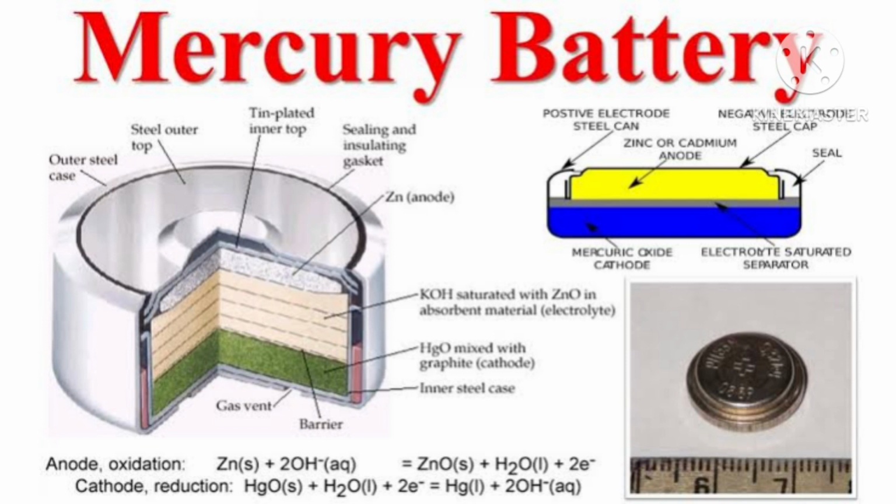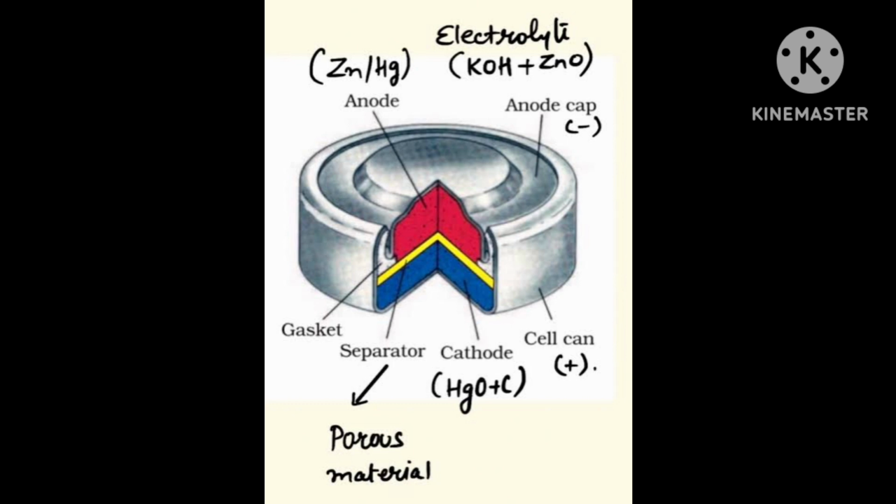Carbon is used as the cathode, and with Zn I told you Zn-Hg amalgam is used as the anode. The cathode is carbon with a paste of HgO, and the electrolyte is a paste of KOH and ZnO.